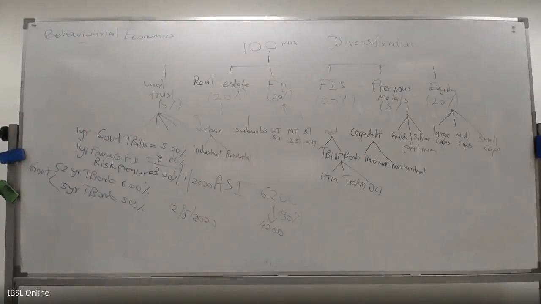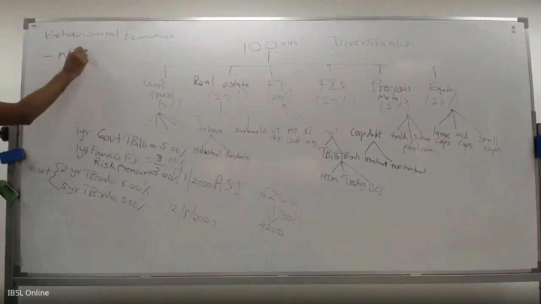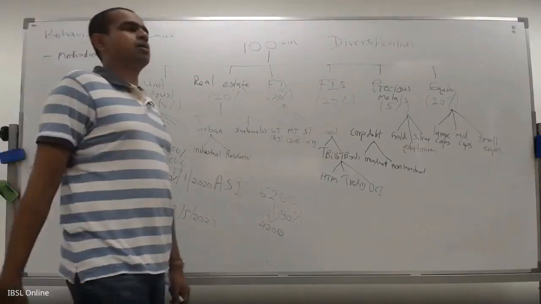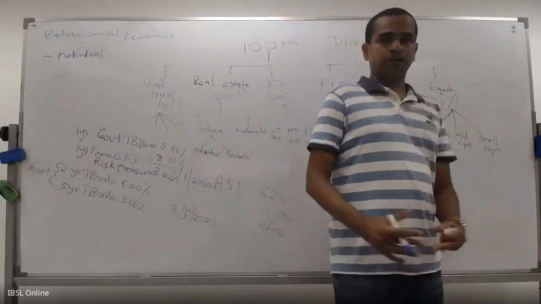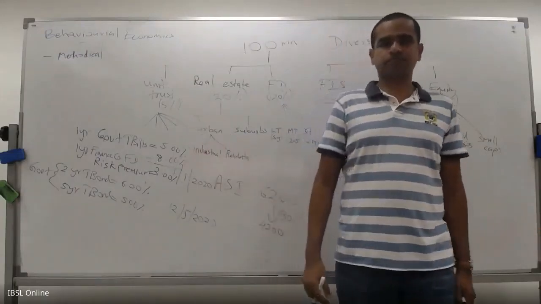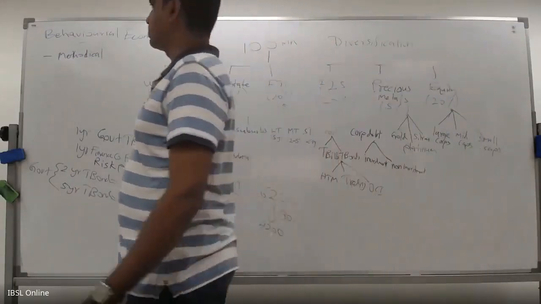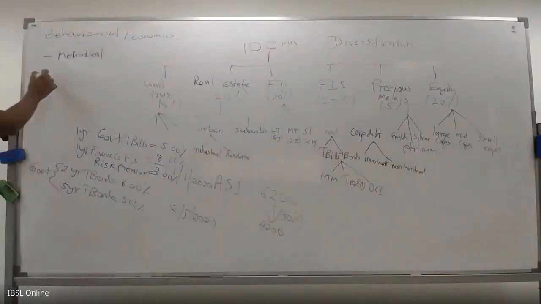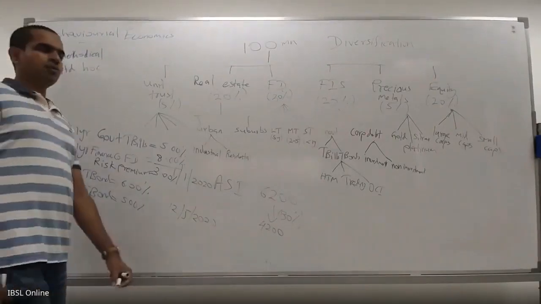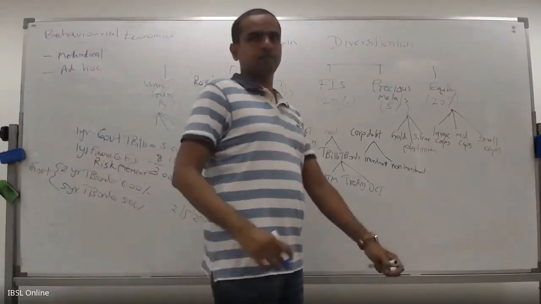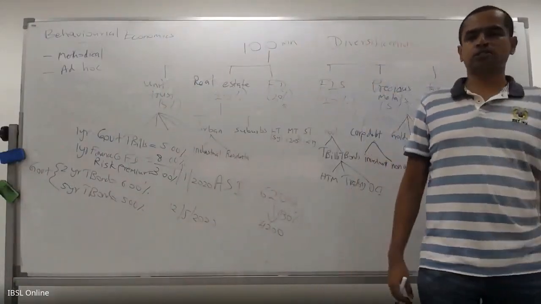Some investors might be methodical. Methodical investors make decisions methodically, as the name implies. Then you can have ad hoc investors. They wake up in the morning and only then decide where to invest. They make ad hoc decisions.